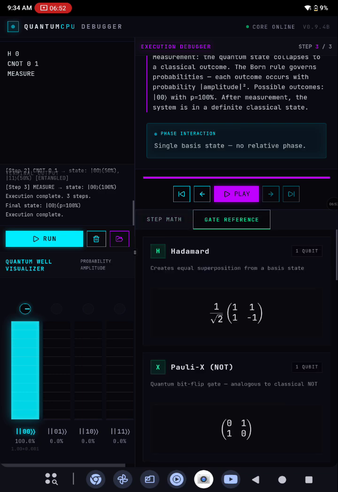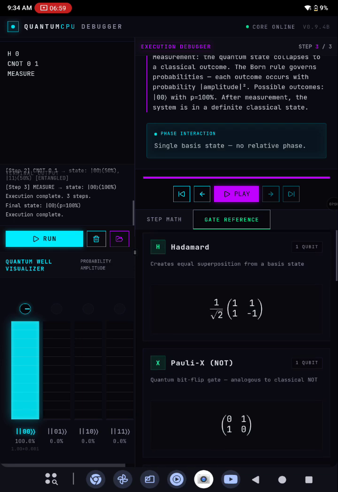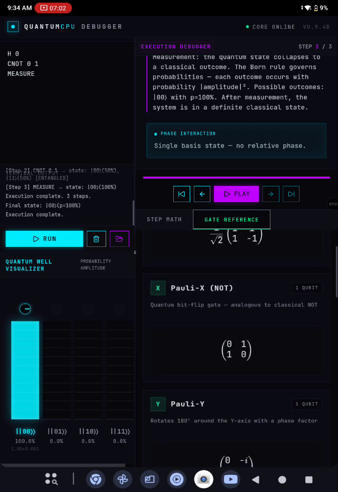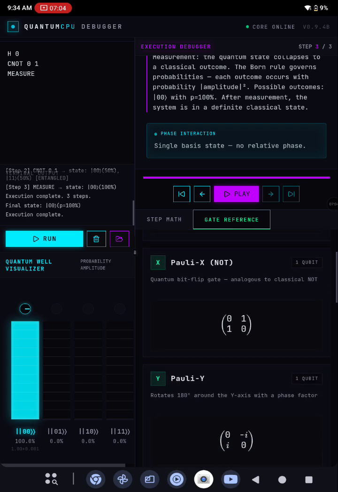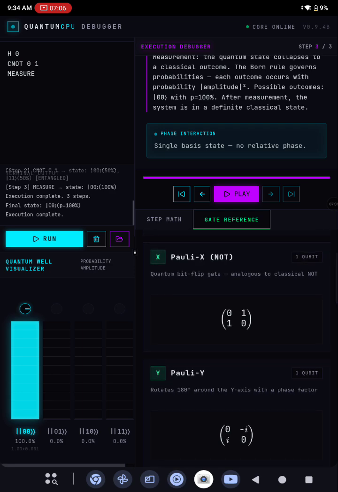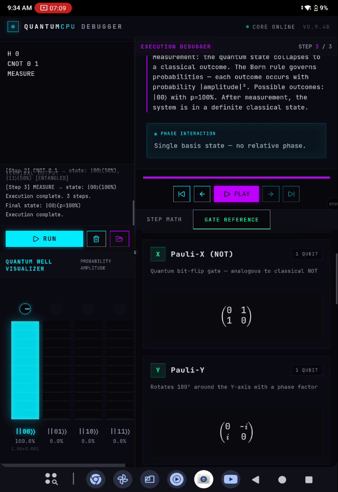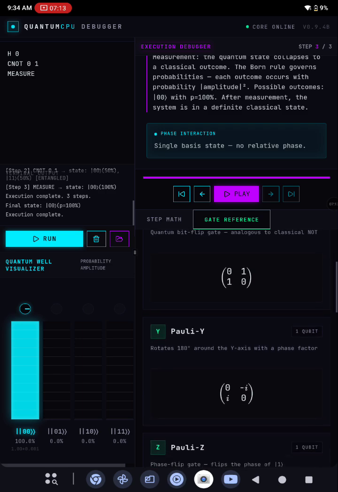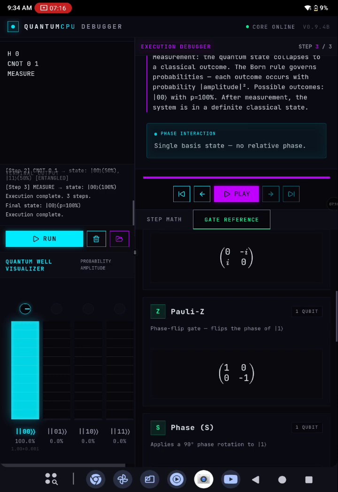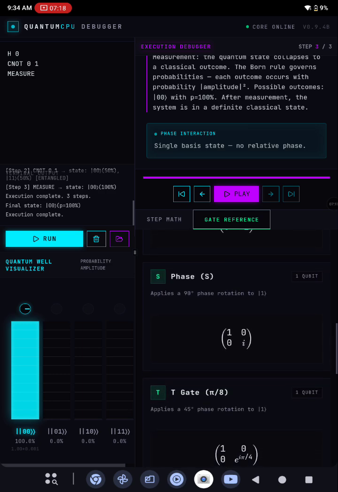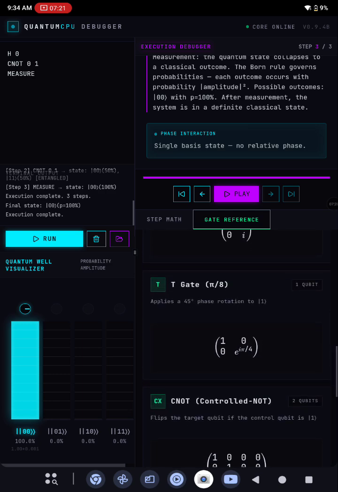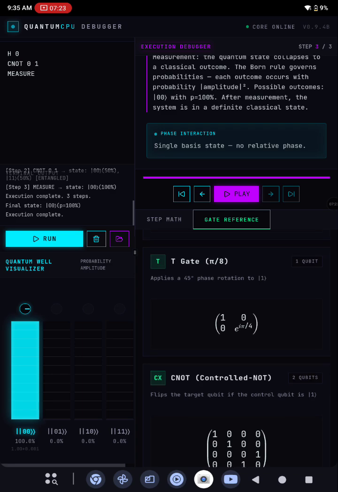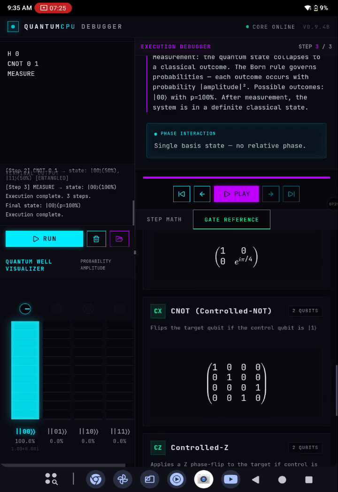There's also a gate reference here. The H in the assembly at the top left is a Hadamard gate. The X, which kind of cropped up in the middle of the computation, was a Pauli X, the quantum bit flip gate. There's a Pauli Y gate, Pauli Z, phase gate, T gate with pi over 8 applies a 45-degree phase rotation.